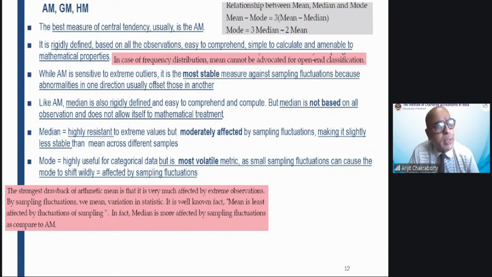Overall stability, easy to understand, easy to calculate, whether it's based on all observations: if you tick all the check boxes for arithmetic mean, geometric mean, harmonic mean, median and mode, now that we are coming to the conclusion, we are looking at all the measures we have covered so far according to our curriculum regarding central tendency.